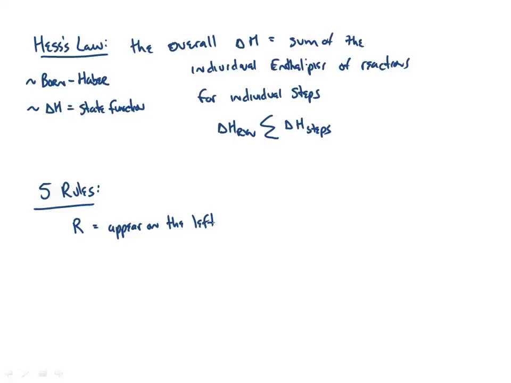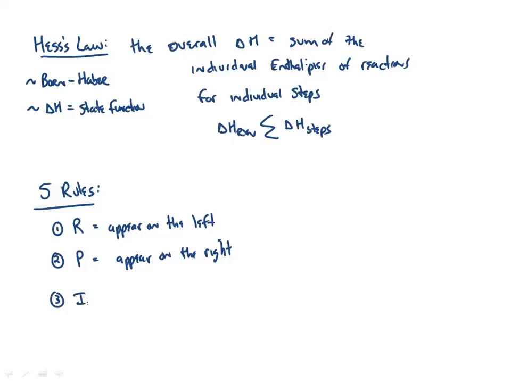So you may find that the reaction that you want to do has something on the right-hand side, and if you need it on the left-hand side, simply reverse it. Rule 2 is basically the same as Rule 1. It's simply saying that products always appear on the right. So if you've got a list of chemical reactions to choose from, you can automatically orient them to make sure that products are on the right.